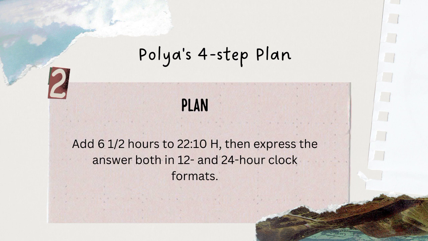The second step is plan, or planning. We need to add 6.5 hours to 22:10 hours, then express the answer in both 12 and 24-hour clock formats. And the third step is solve. So, we need to add 6.5 hours to 22:10 hours, then express the answer in both 12 and 24-hour clock formats.